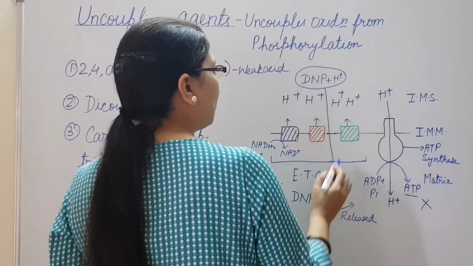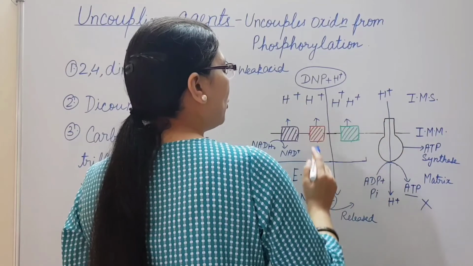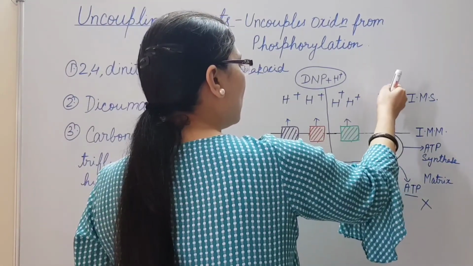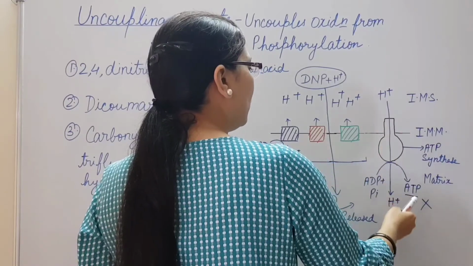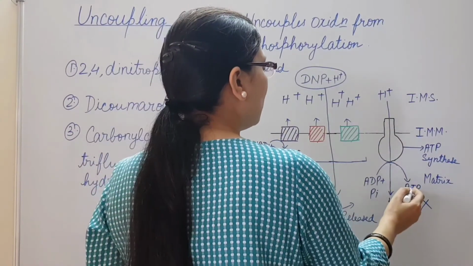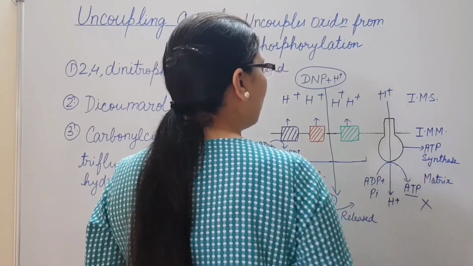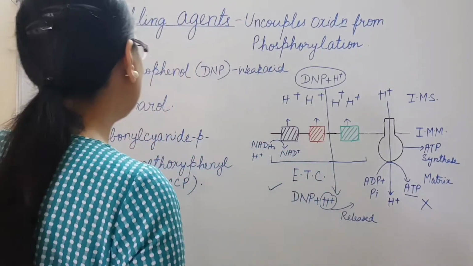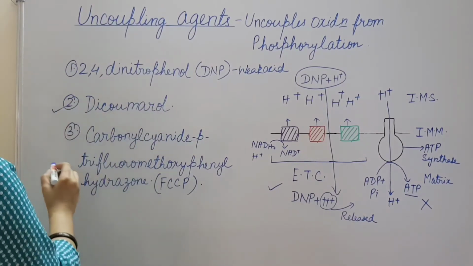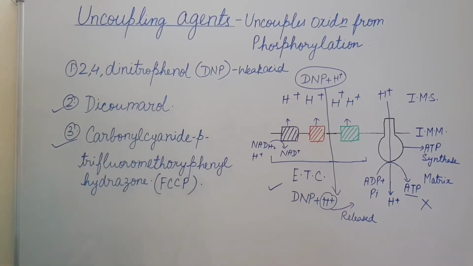In this way, the electrochemical proton gradient is dissipated, and hence protons do not flow downhill through ATP synthase. So no energy is dissipated, and synthesis of ATP does not take place. Similar is the function of dicoumarol and FCCP.